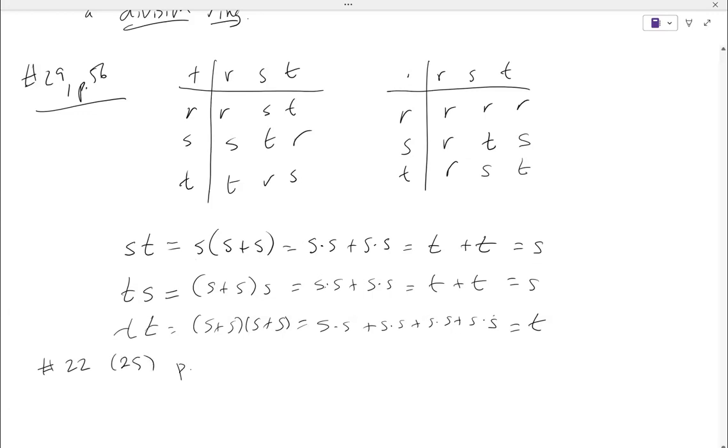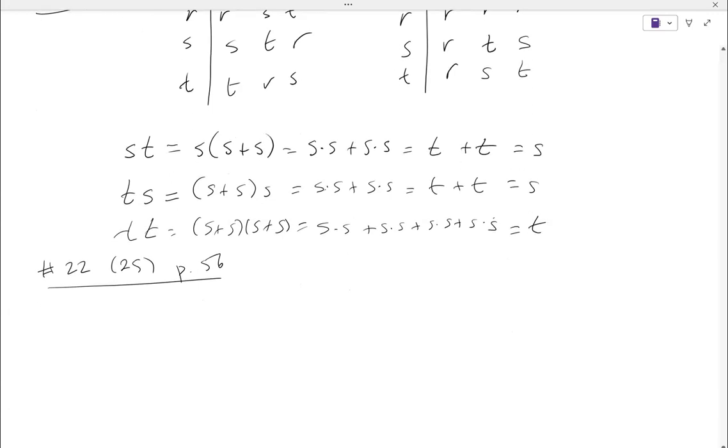I'm going to refer to 22 and 25, and I'll just tell you what the difference is between them here in a second. Still on page 56. For 22, they're going to define A ⊕ B as A plus B minus 1 and A ⊙ B as A plus B minus AB.